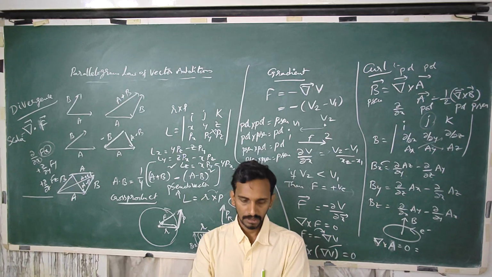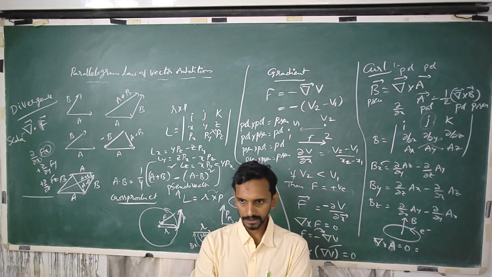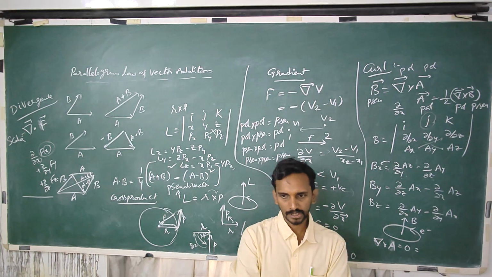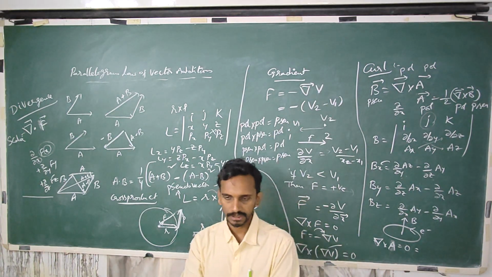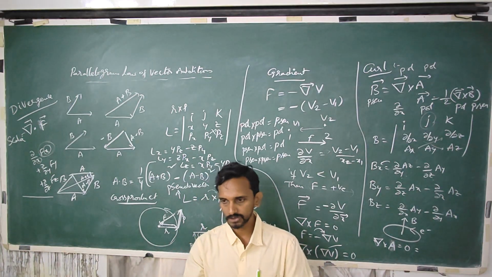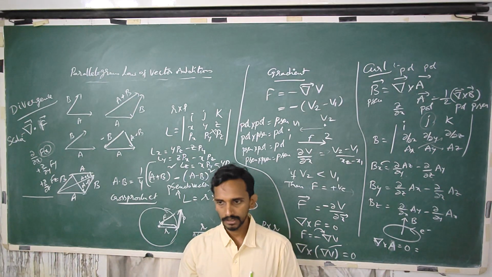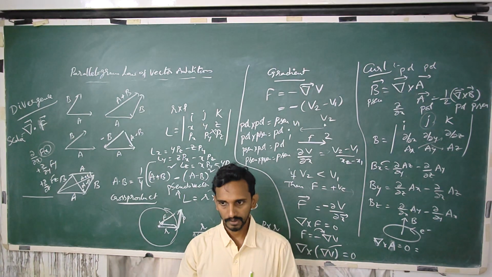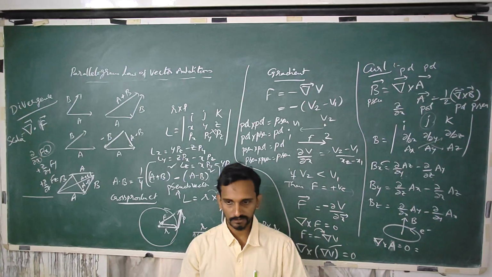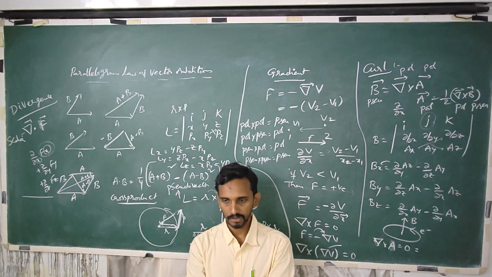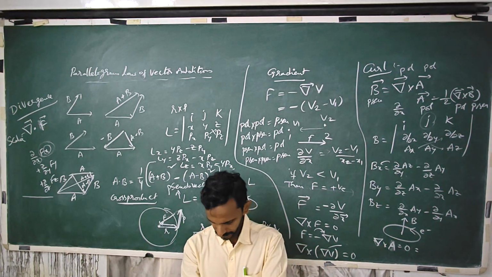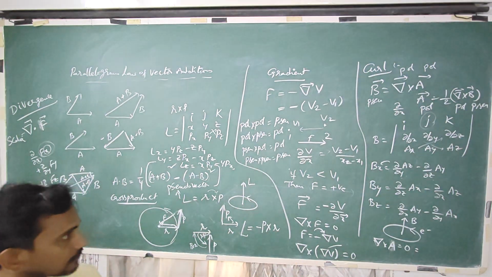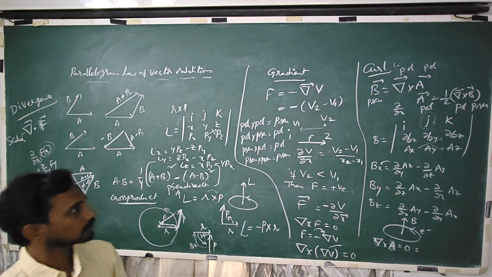Like in the earlier case, the bipolar pendulum experiment, we have seen energy depends, in some cases it is proportional to moment of inertia, I, and in some cases it is inversely proportional to moment of inertia. So which one should we take is decided by studying the conservation laws. So that will decide the next course of action for the system. How it behaves can be studied. So with that, I'm closing this session.